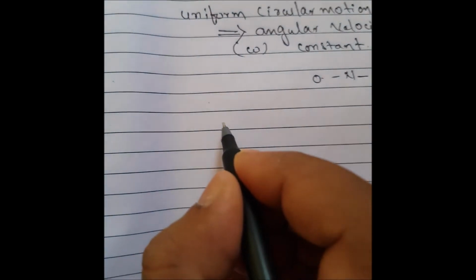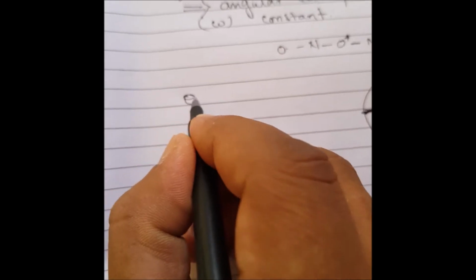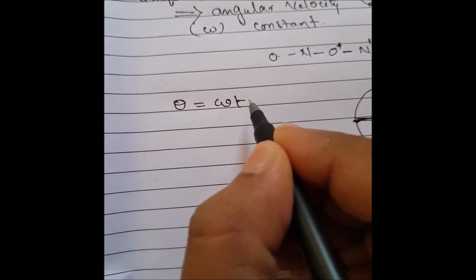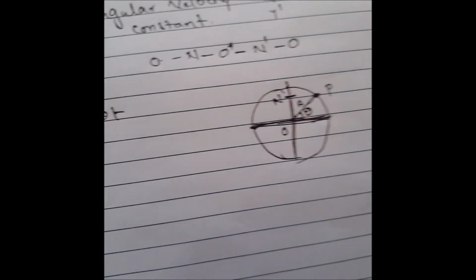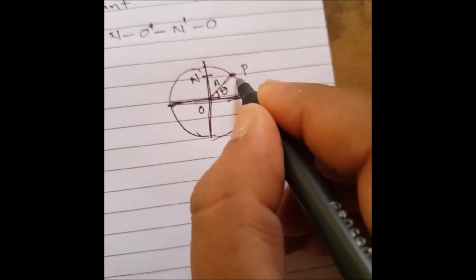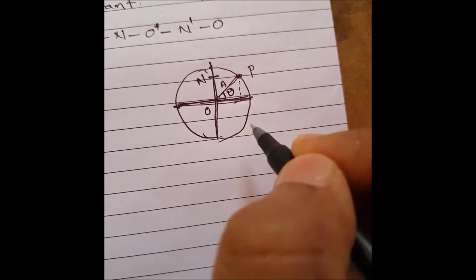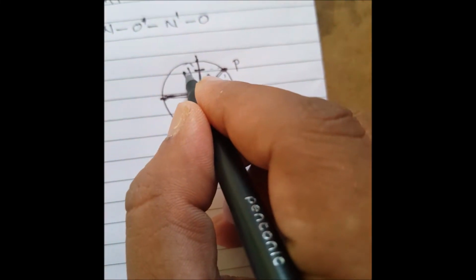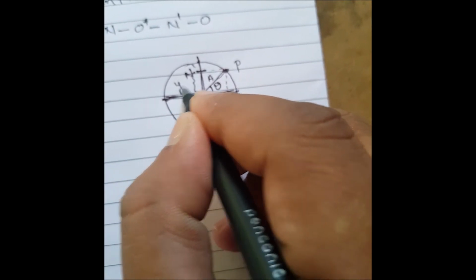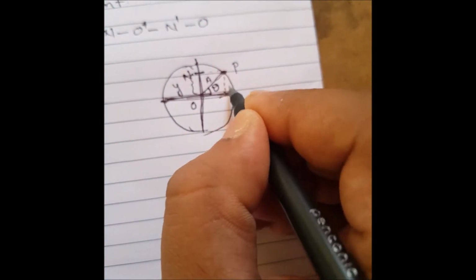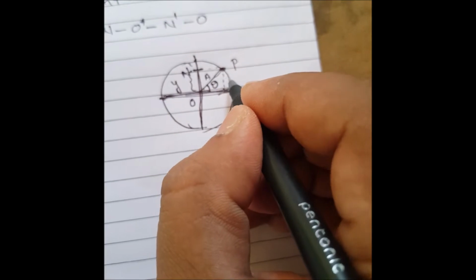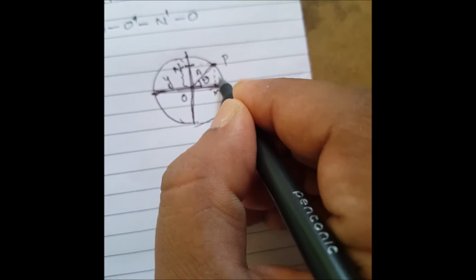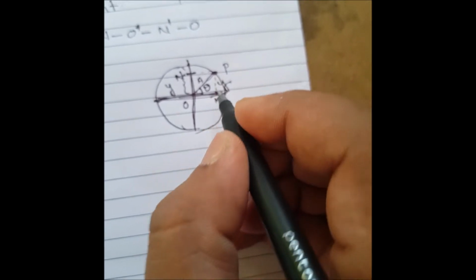It is related to angular velocity. Angular velocity theta can be written as omega t, where t is an instant of time. Now draw a normal. This is a normal. O to N, the distance is taken as y, the displacement of the particle projection, right? So the value of PM also becomes y.